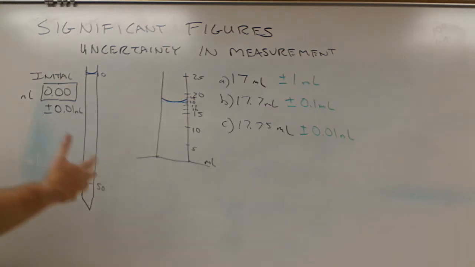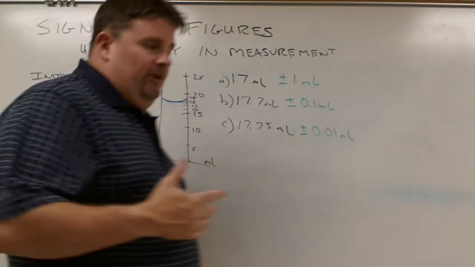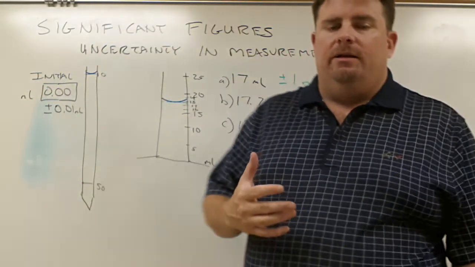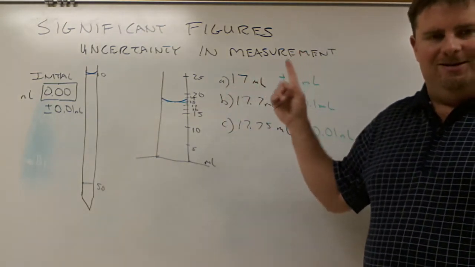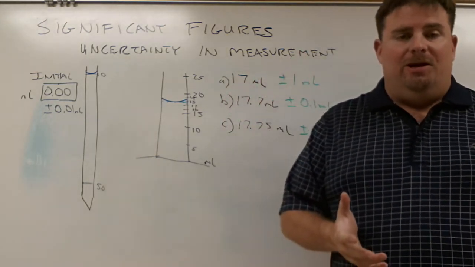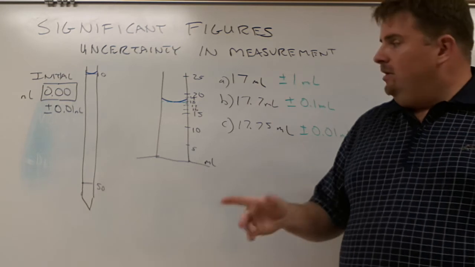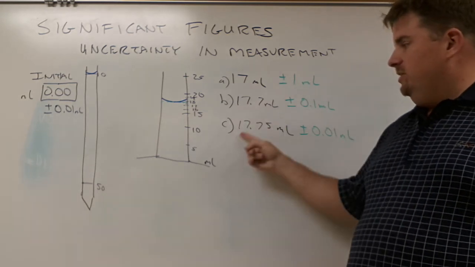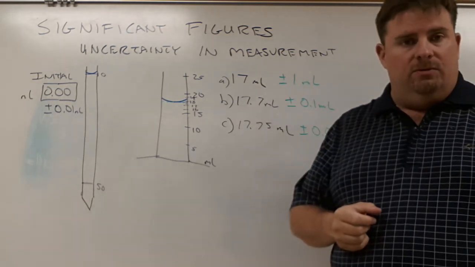Now, all of these numbers I've put on the board, all of them are significant. And why are they significant? That's by definition, okay? Any number that we measure has to be a significant value. So each one of these terms is going to be a significant value.